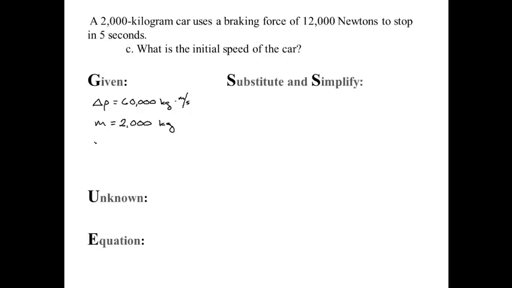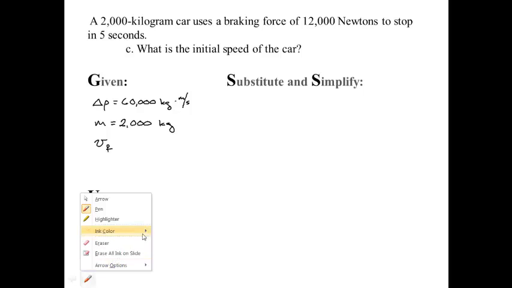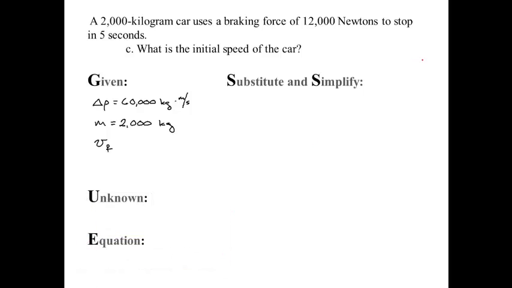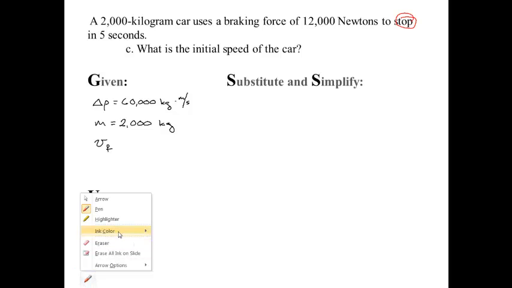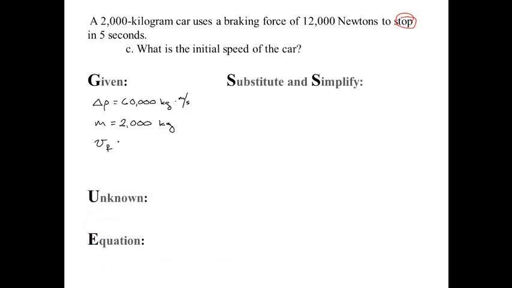And I have a velocity final because it comes to a stop. There's a keyword that tells you something about a velocity. So my velocity final equals 0 meters per second. The thing that I'm looking for is velocity initial, question mark, in meters per second.